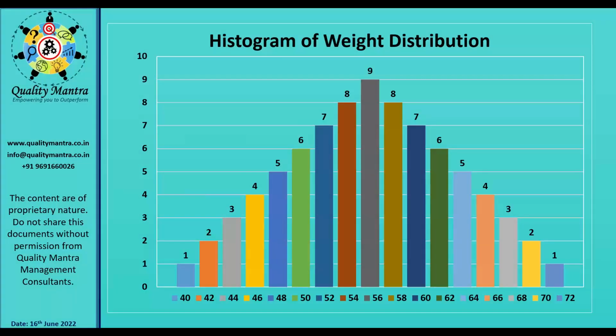And the histograms are plotted against the specification limits. We have seen what specification limits are. The specification limits are basically given by the designer, given by the product designer, given by the customer, given by the standards.